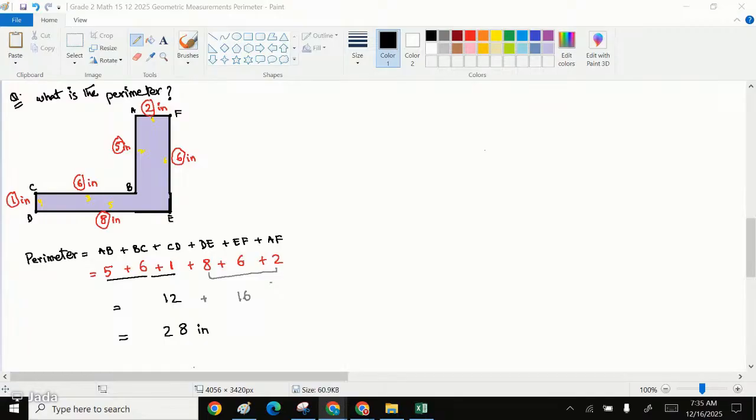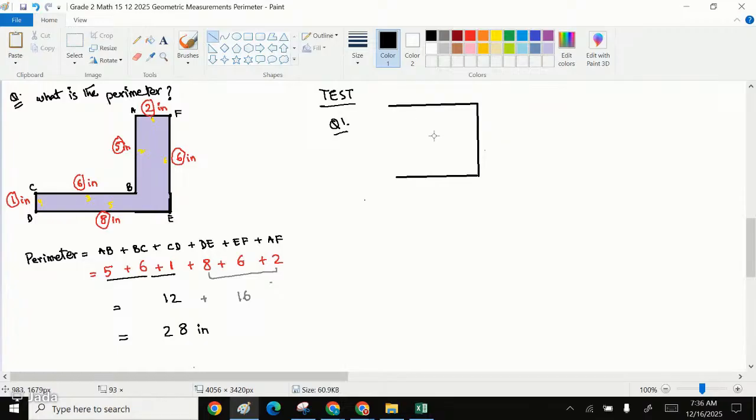Any shape can have any number of sides, right? So let's try the question from the test. Okay, question number 1 from the test. This is very similar to what we did earlier. The diagram given is this. We've done a similar question. Let's do this again because it's in the test.